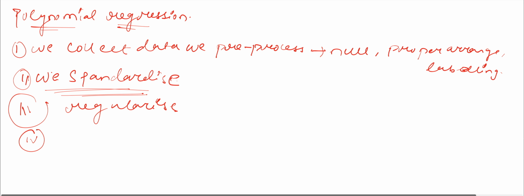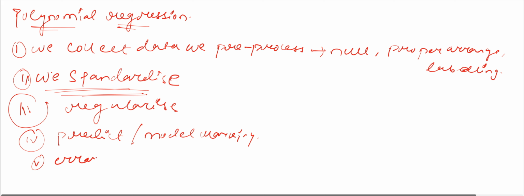Then after regularizing our data, we model and predict. After that, we calculate the error, correct? Then we get some value, and like this it goes on. So that's it. This is how the whole thing works.